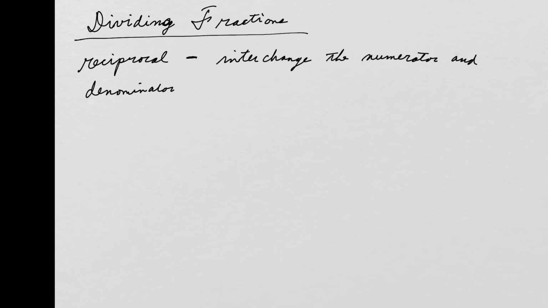Or, if you want to say it better, we basically interchange the numerator and denominator. Okay, you can think of it as flipping the fraction. Right, we will need that concept.